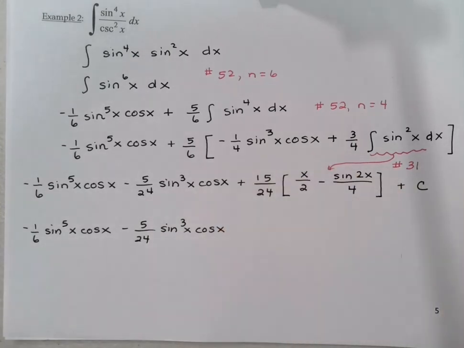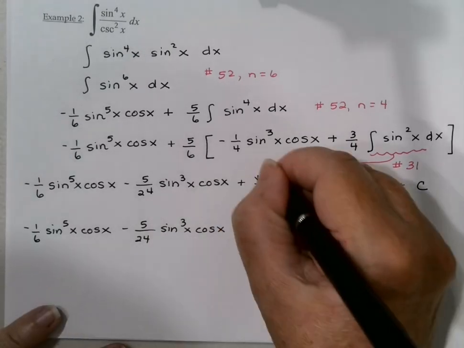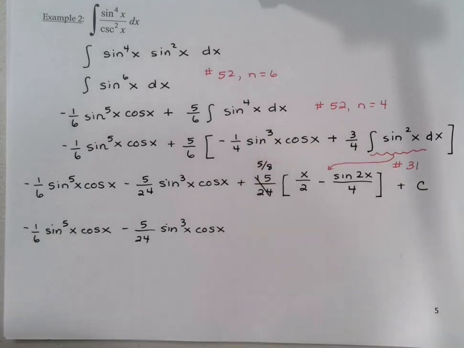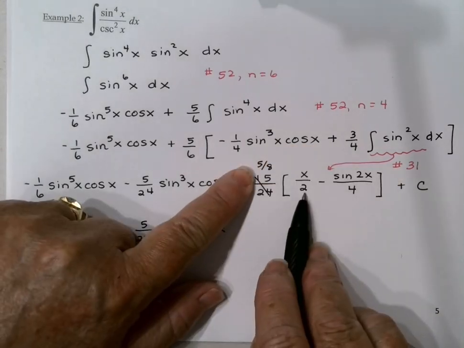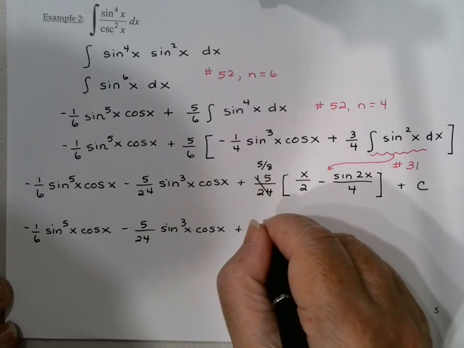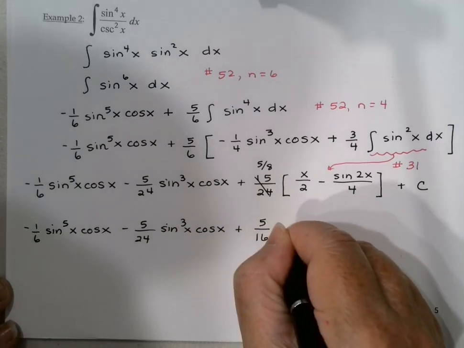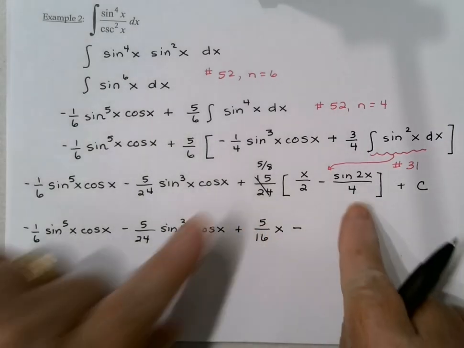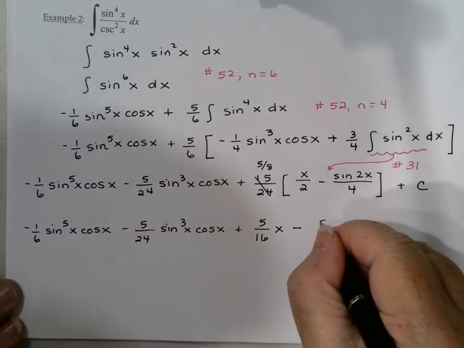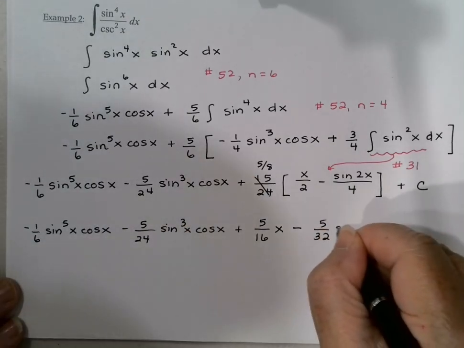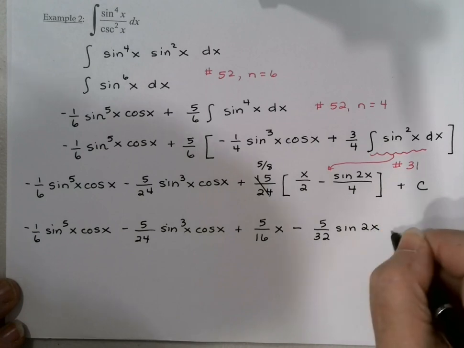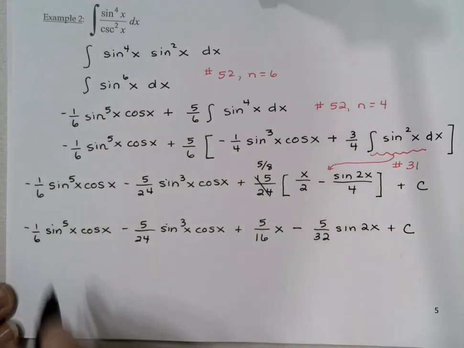If you divide by 3 top and bottom, that's actually 5/8. So that's going to become 5/16 x minus 5/32 sine 2x plus c.